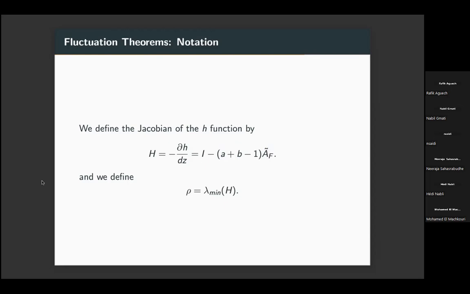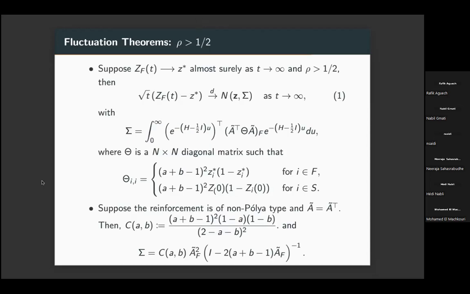Now I define rho as the minimum eigenvalue of H, and this is what we get. This is slightly complicated. This is the corresponding fluctuation theorem. When rho is greater than half, if you notice, the scaling is very similar to what we got earlier.